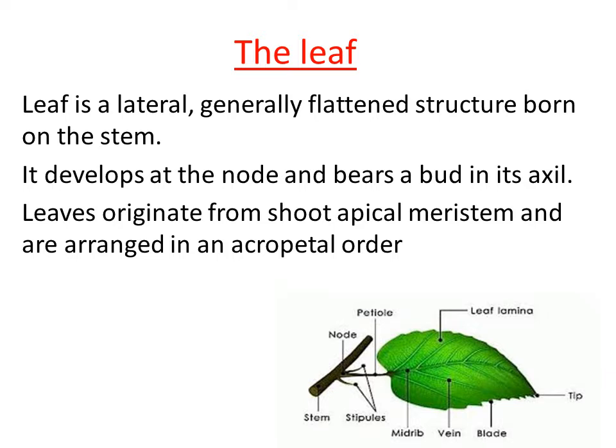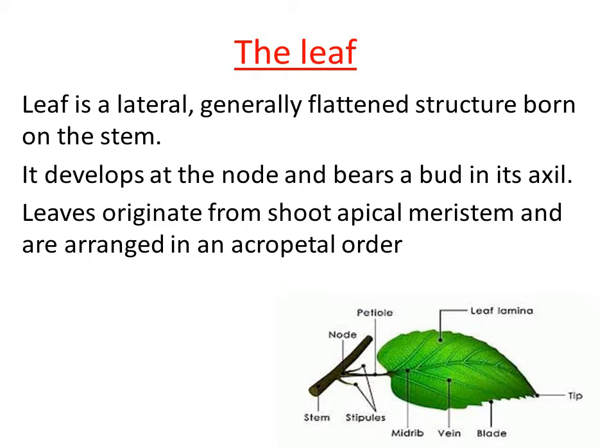In the shoot system, there is a tip present. That means the shoot tip is present. That shoot tip consists of very tender tissues. The tender tissue present in the shoot tip region is called the apical meristem. So the apical meristem is the region from where the leaf originates.